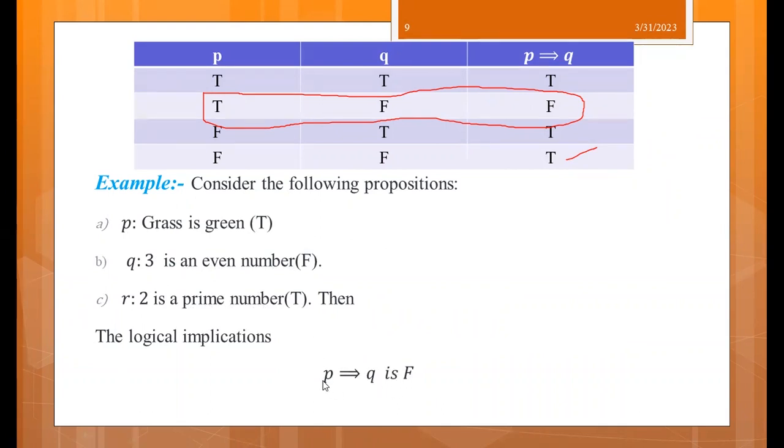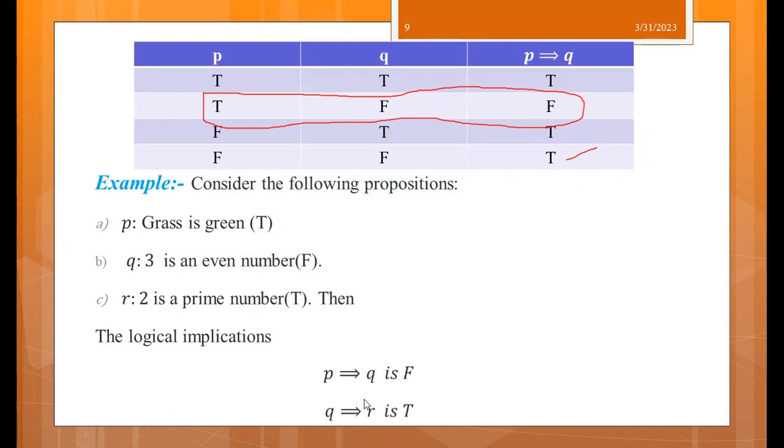That means when we say P implies Q is false, the if statement, or the first statement, P is true, and the conclusion Q is false. Because what is P here? P is grass is green, which is true, but Q, 3 is an even number, is false. So therefore, true implies false will be simply false.